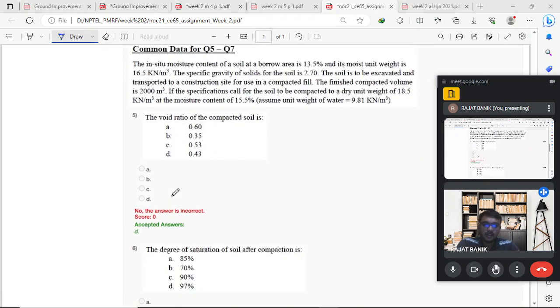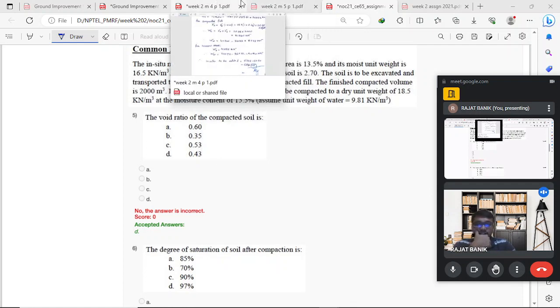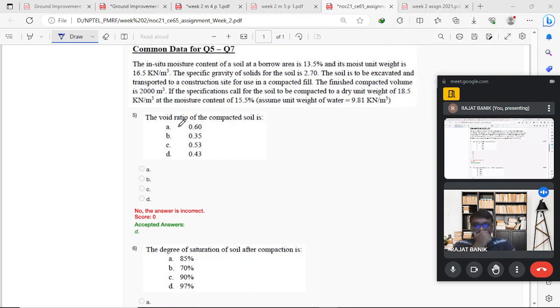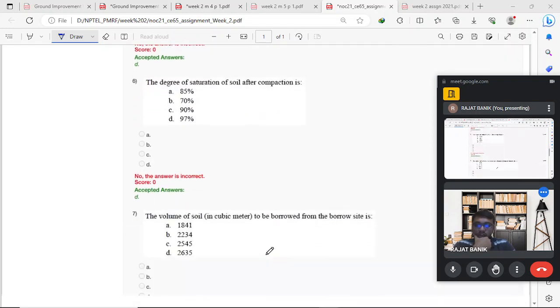Here, one similar type of question we already solved in our lectures, so I will provide the solution. Here it is said to find out the void ratio and also the degree of saturation for the compacted field, and also find out the volume of the borrow soil.